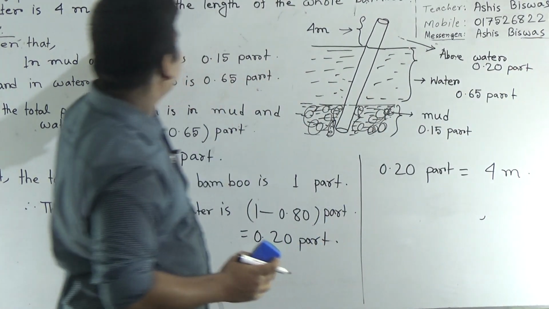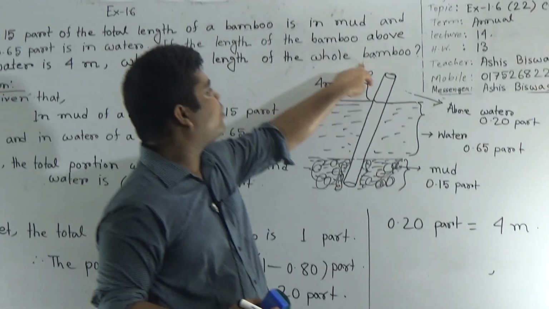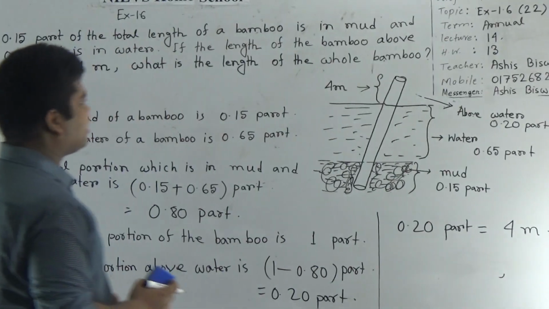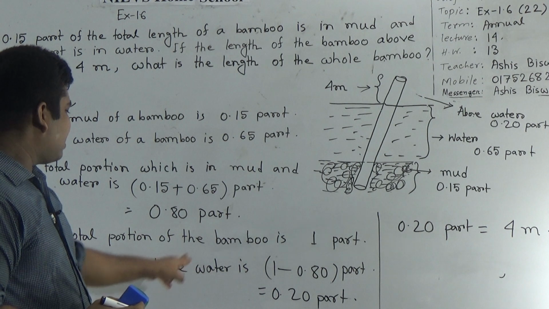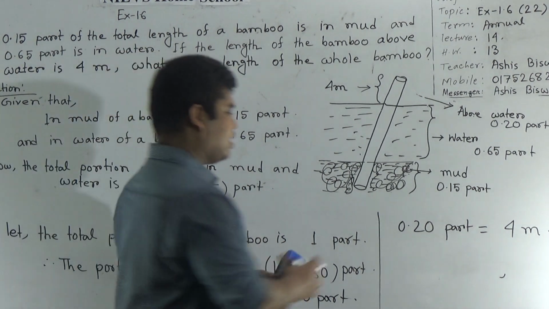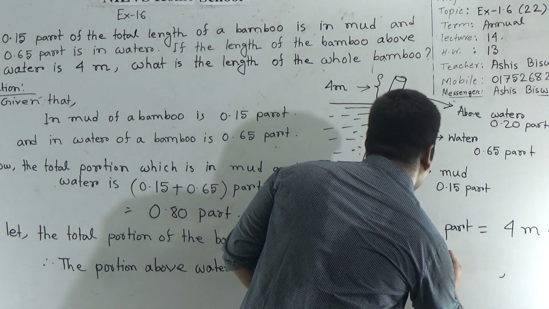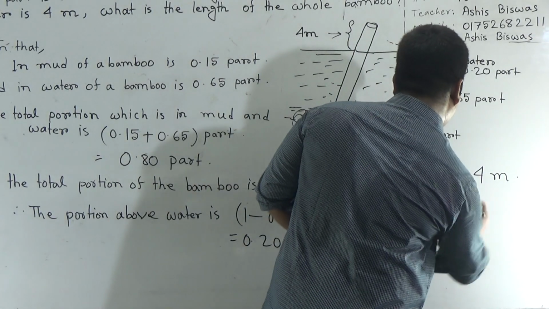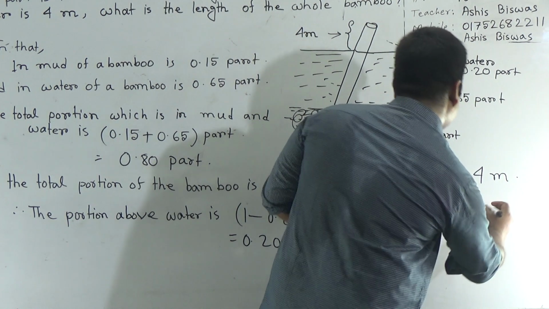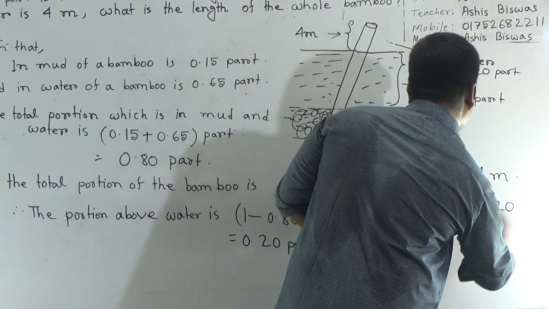We need to find out the length of the whole bamboo. We have already considered that the total portion of the bamboo is 1 part. Now we find out 1 part equals what? Next we divide 4 by this 0.20 meter.